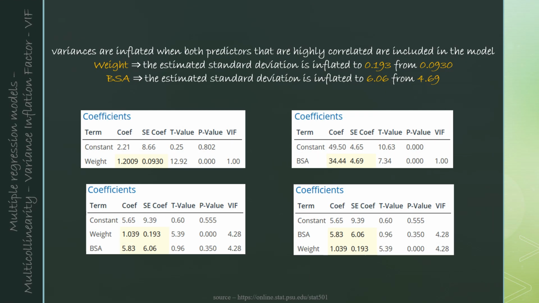We see the variances are inflated when both predictors that are highly correlated are included in the model. In case of weight, the estimated standard deviation, which is the square root of variance, is inflated to 0.193 from 0.0930. And in case of BSA, the estimated standard deviation is inflated to 6.06 from 4.69.